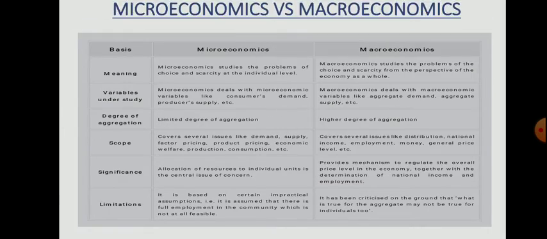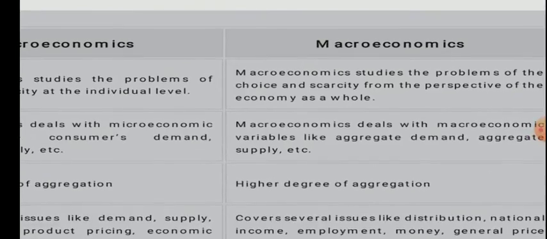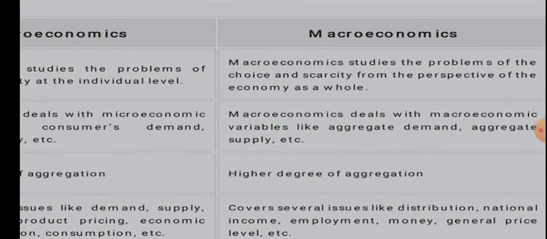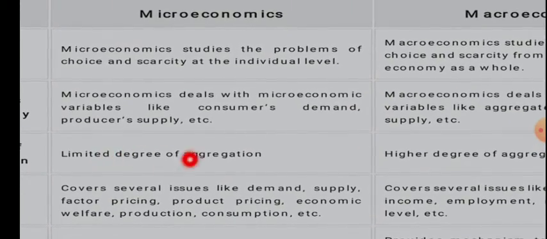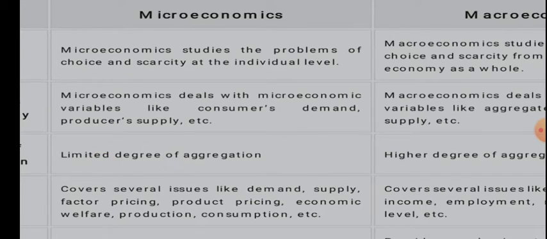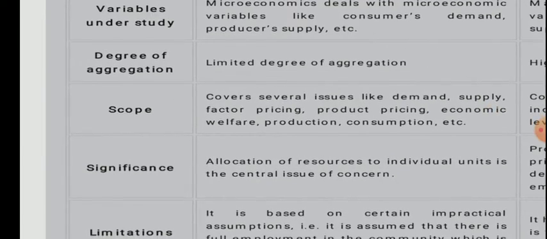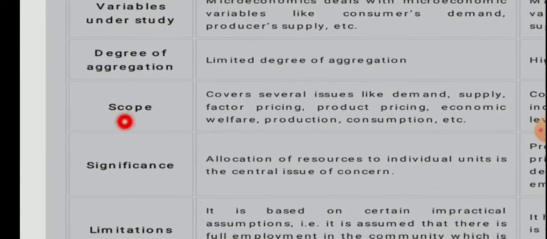So in macroeconomics, the degree of aggregation is very high, but in microeconomics it is very low or limited, okay. Now let us see the scopes.